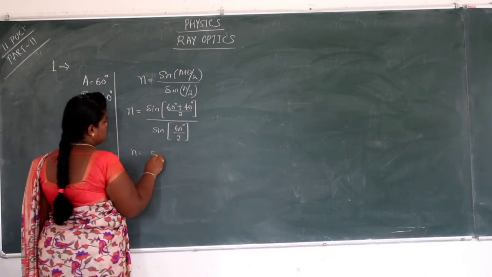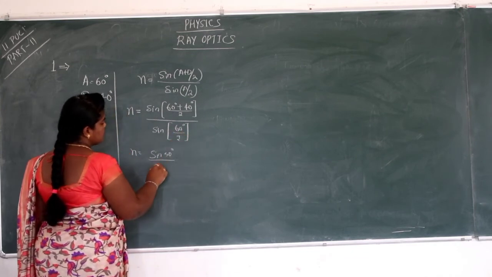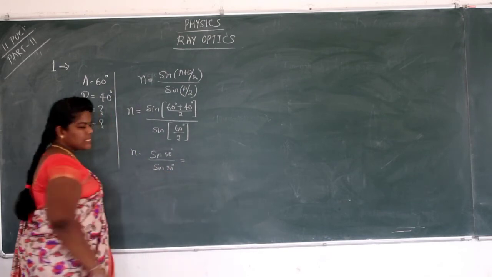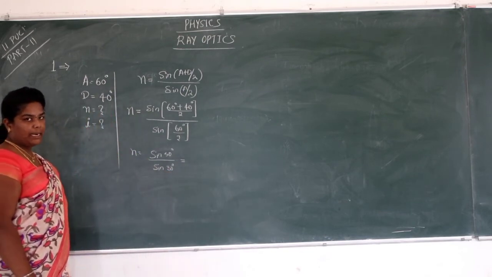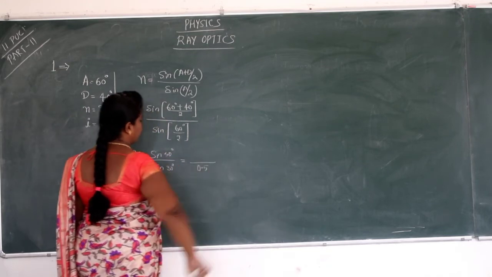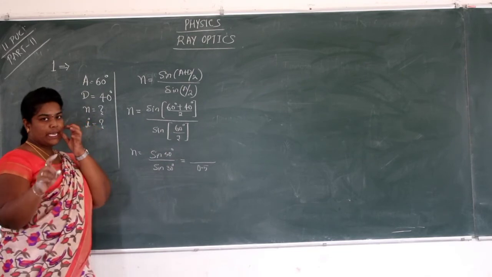So n is equal to sine 50 degree divided by 60 by 2, which is 30, sine 30 degree. We know the value of sine 30 is 1 by 2, which can be written as 0.5. But my dear students, to solve this, you should keep the log book.